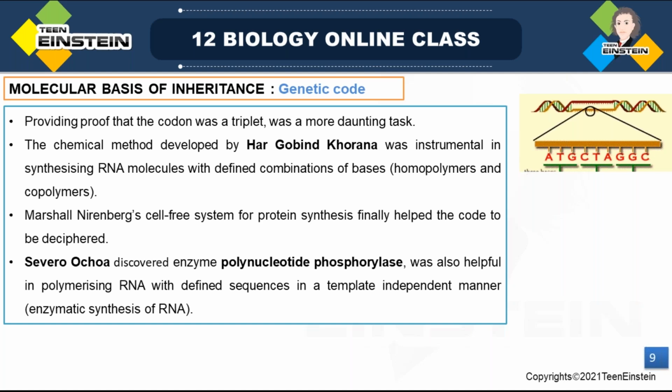And how was it? It was in a template independent manner. So, enzymatic synthesis of RNA. Severo Ochoa discovered the enzyme polynucleotide phosphorylase. Note down the enzyme polynucleotide phosphorylase, and this was helpful in polymerizing RNA sequence in a template independent manner.